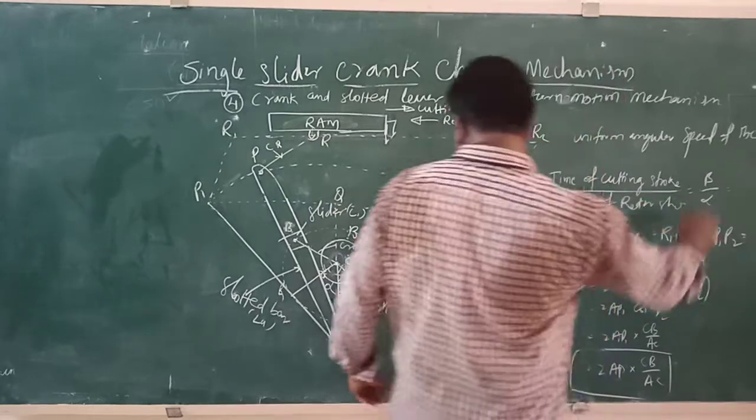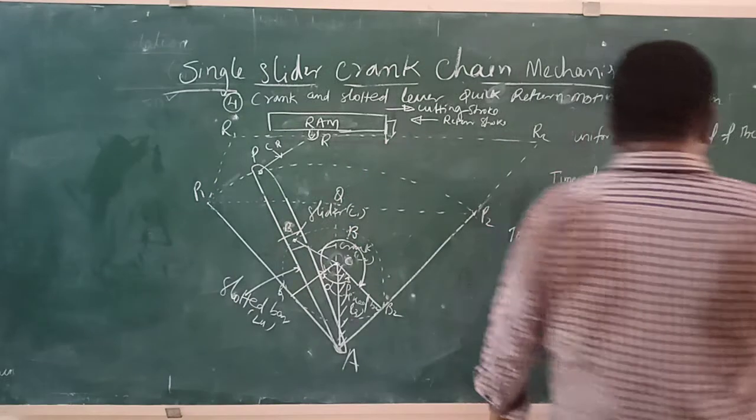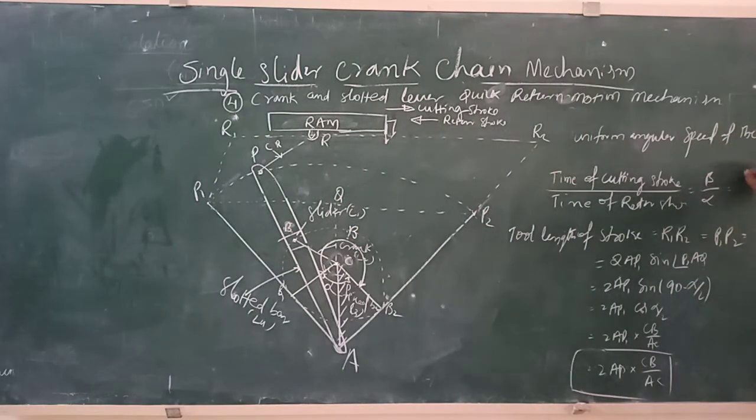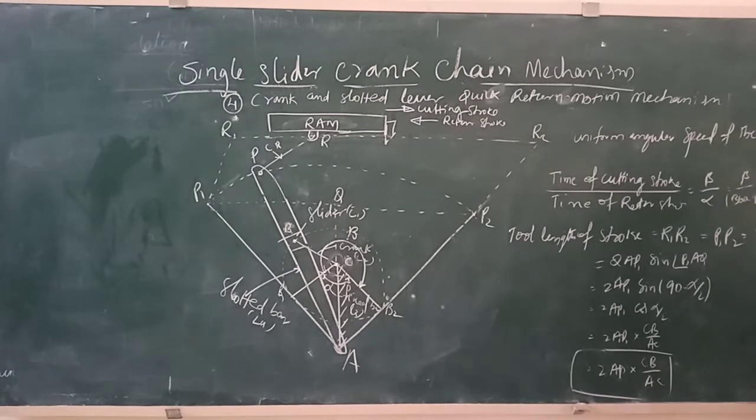Here the return stroke is alpha and the cutting stroke is beta. If we can determine any one value, we can determine the other value also. Suppose it is beta divided by 360 minus beta, or 360 minus alpha divided by alpha, the same formula.